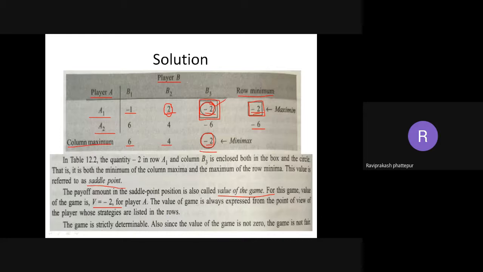So if you see, the row is player A, A1 and A2. The person whose point of view you are looking at will always be in the rows, and the other person will always be in the columns. The game is strictly determinable because the value -2 is not equal to 0. Since the value of the game is not 0, the game is not fair. A fair game should be a zero sum game. If not, then it is determinable. So that is what they are giving here with the reason. Okay, so this is the solution.